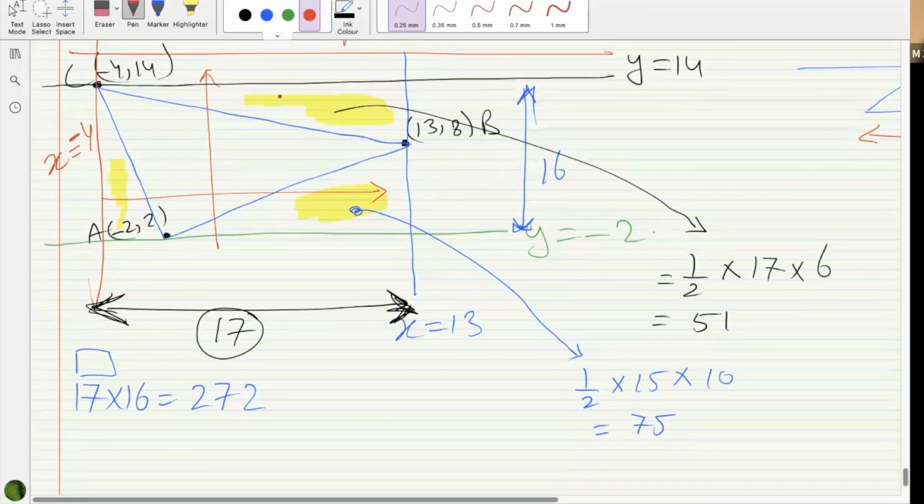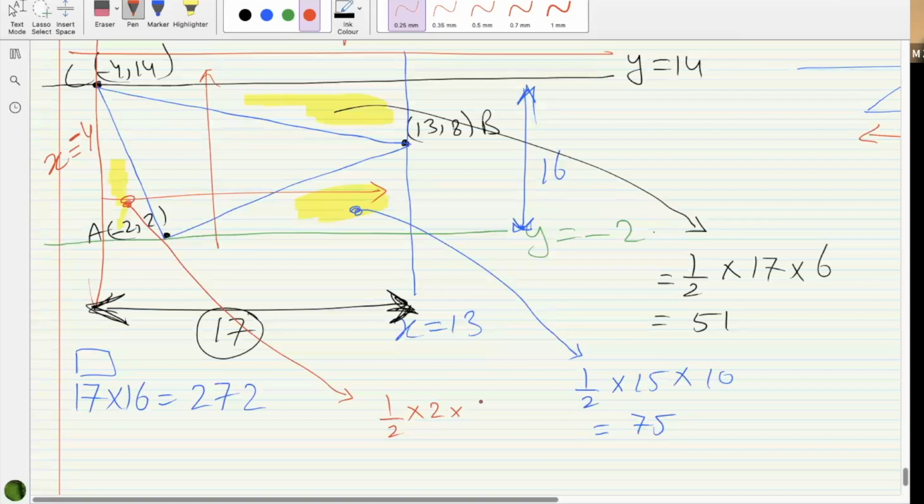Third triangle. This triangle is 1 by 2 times base. Base is from -2 to -4, which is 2, times height. Height is from 2 to 14, which is 16. So the area is 16.